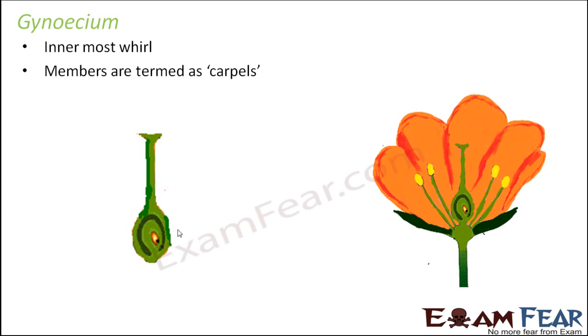There is a swollen base, and this swollen base is the ovary. Then there is a tube-like structure, which is known as style, and then the upper portion of the style is again a little swollen compared to the tube, and this upper portion is called stigma. So stigma, style and ovary are the three important parts of a carpel. So this is how a carpel looks.